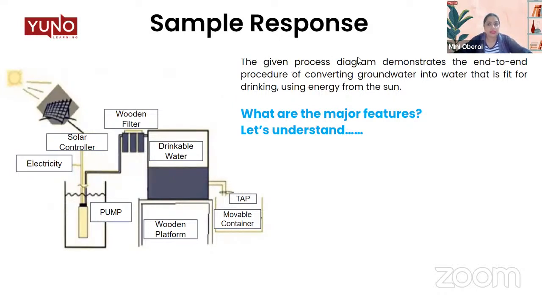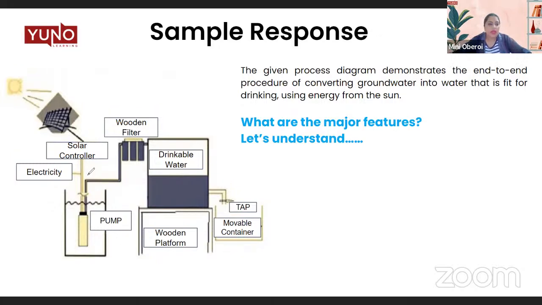The given process diagram demonstrates the end-to-end procedure of converting groundwater into water that is fit for drinking using energy from the sun. Right? This is what is happening right now. Obviously, when I say groundwater, I am not wrong because this is what is shown here. From where is it pumping?